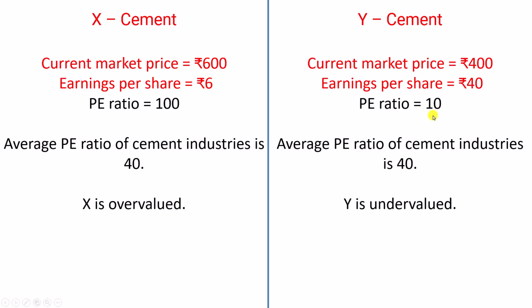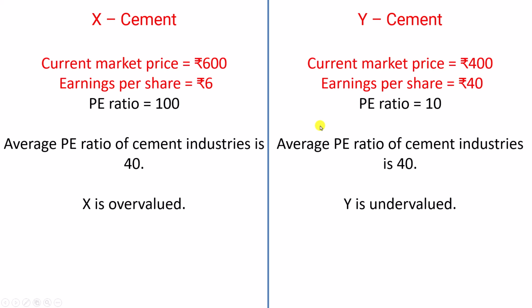Here they say that I am not so hopeful about this company, so I am willing to pay only 10 rupees to earn 1 rupee. Okay? So this is the condition. You cannot decide on a company by looking at the PE ratio alone. As you proceed through the video series, you will learn how to use the PE ratio. But for this video, this is enough.